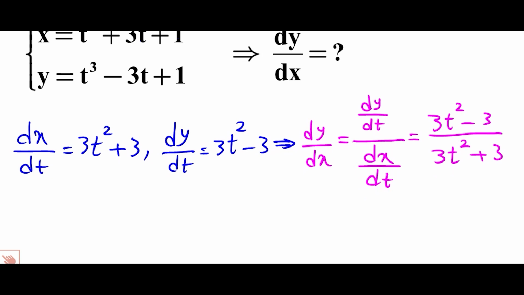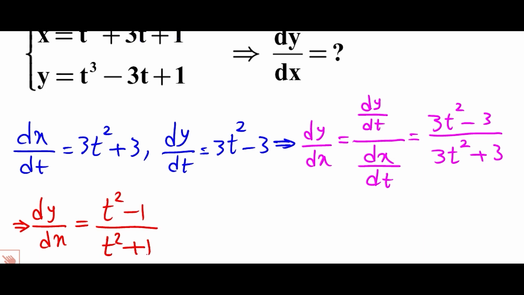So finally, if we divide both top and bottom by 3, we have dy/dx equals (t squared minus 1) over (t squared plus 1).